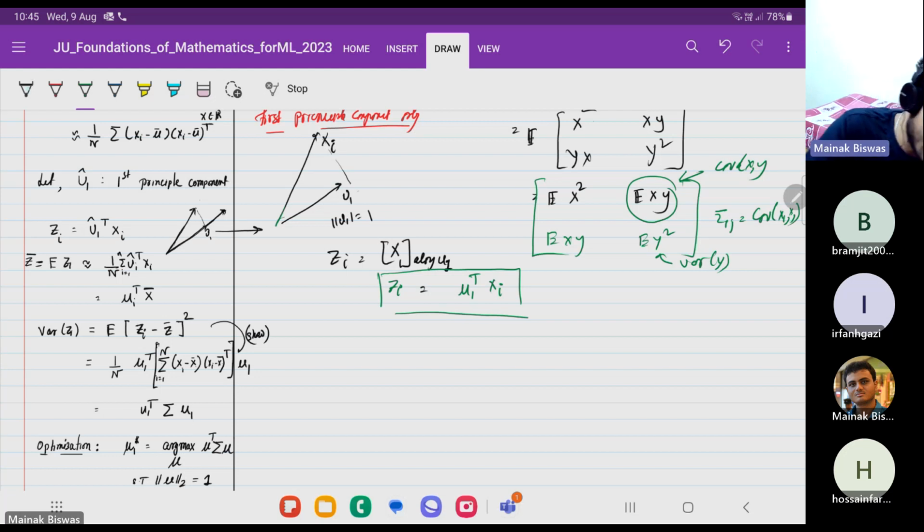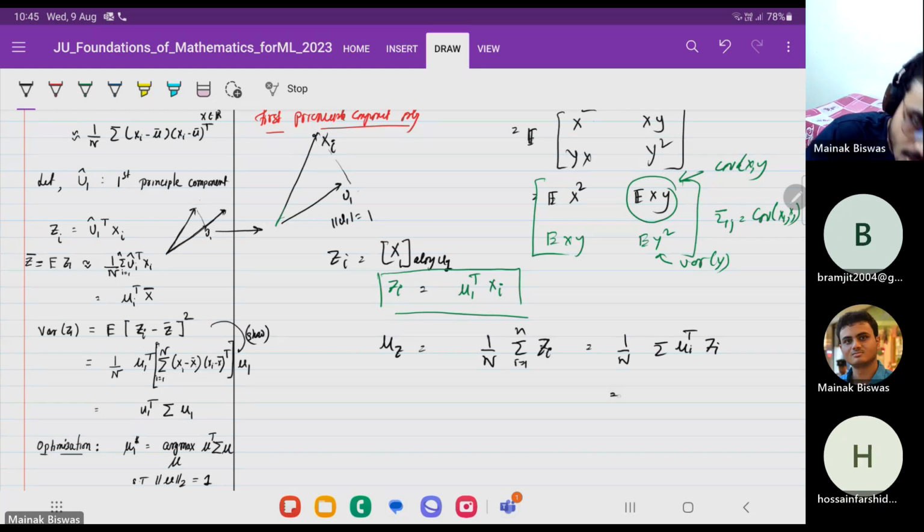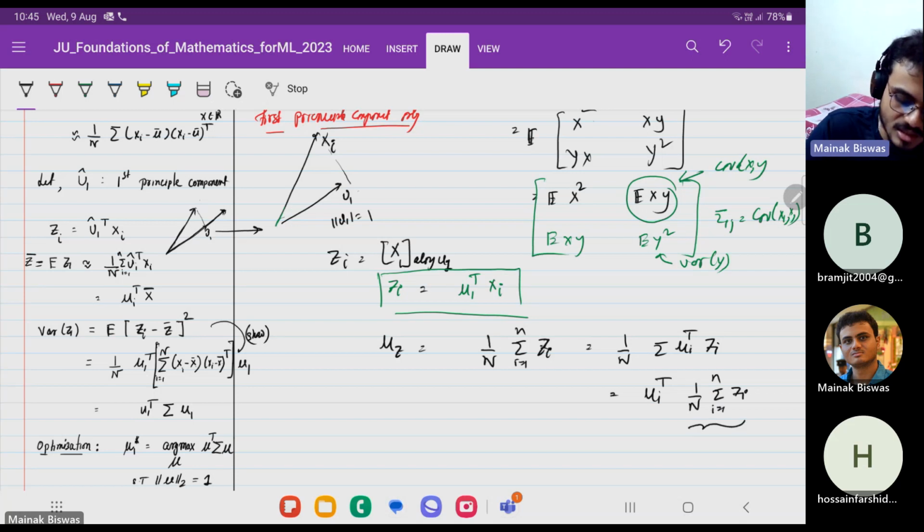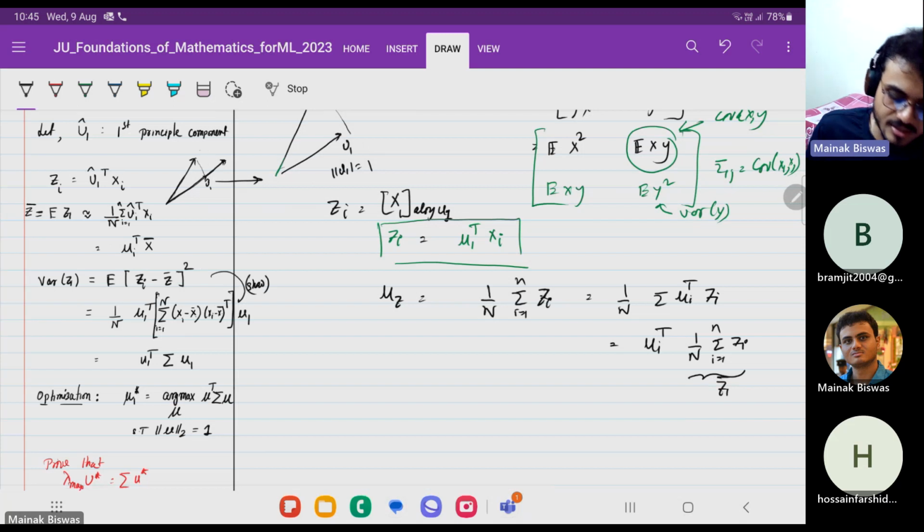So what would be the mu z now? Mean of the new principal component will be 1 by n summation of the zi's, which will be 1 by n summation of u1 transpose zi, which will be u1 transpose times 1 over n summation of zi, i equal to 1 to n. So what is this? Z bar.